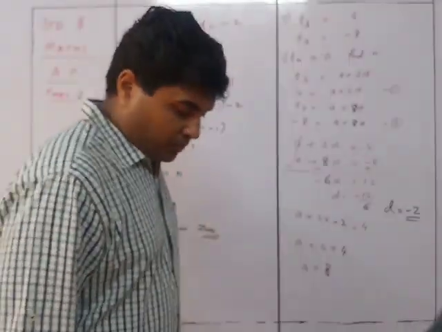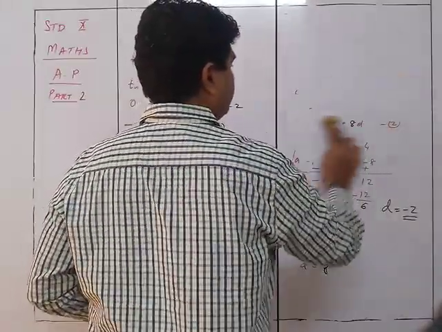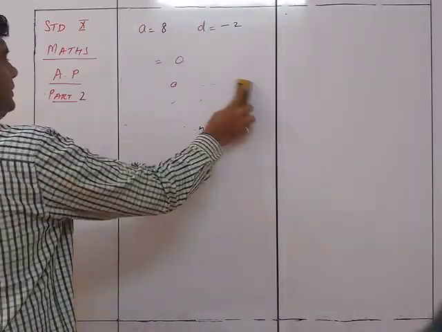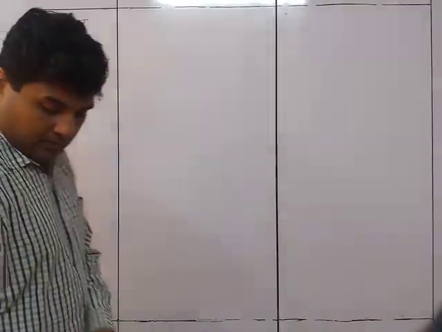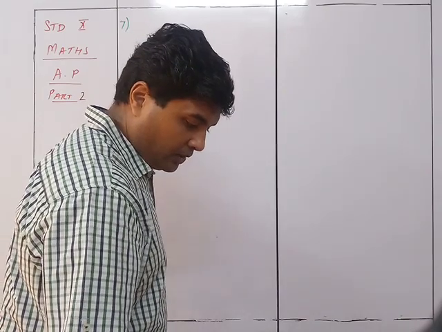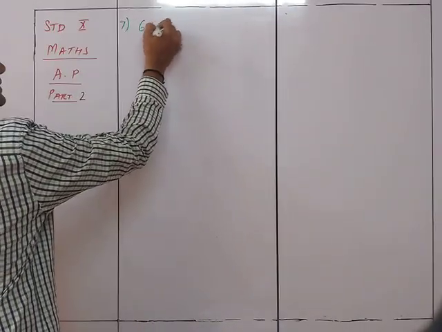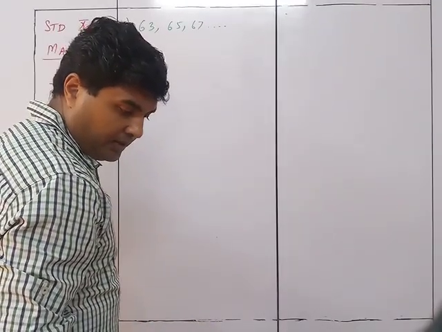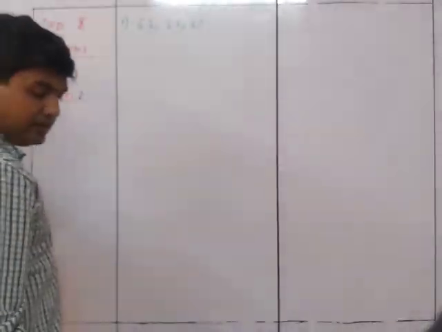Okay. We now move on to sum number 7. For what value of n is the nth term of the AP given as 63, 65, 67 and so on, equal to the nth term of the AP 3, 10 and 17?